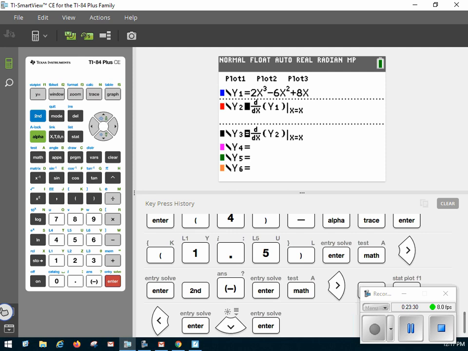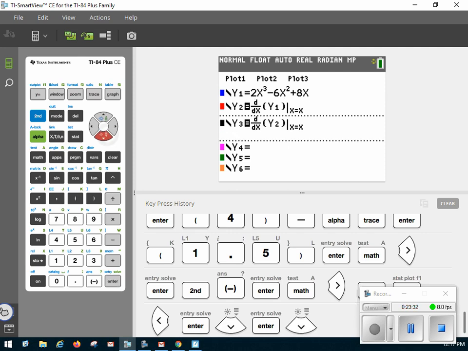If y1 is position, what's y2? Velocity. And then what would y3 be? Acceleration. Okay. So I need to know, does this particle ever change direction? And I will know that if the velocity changes sign. We good there? Now what's my interval?